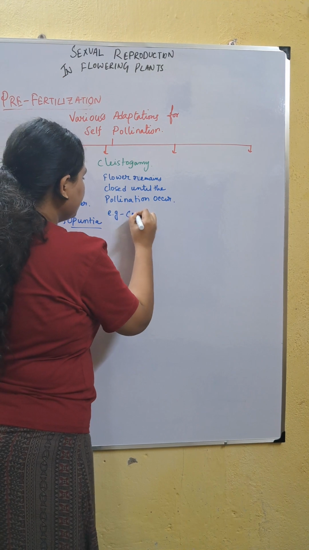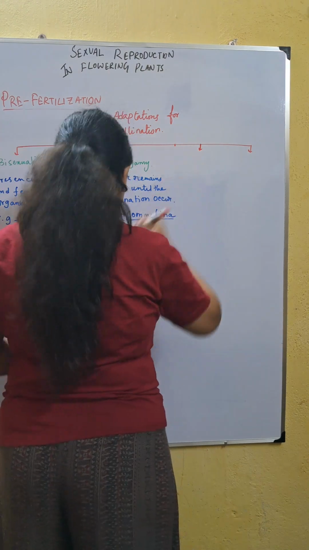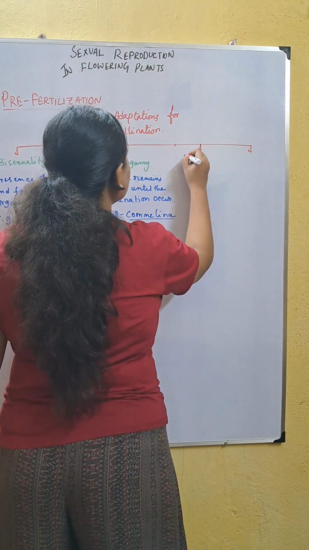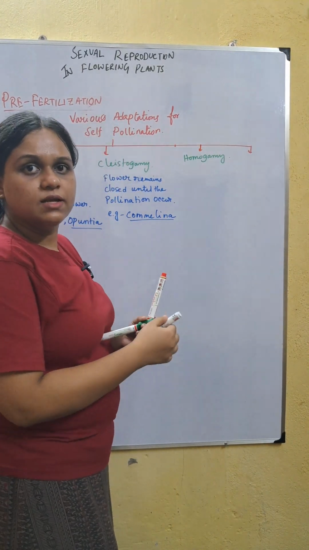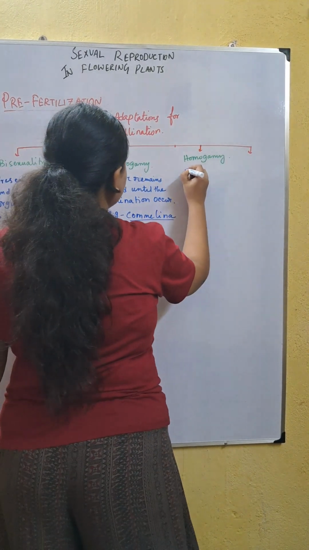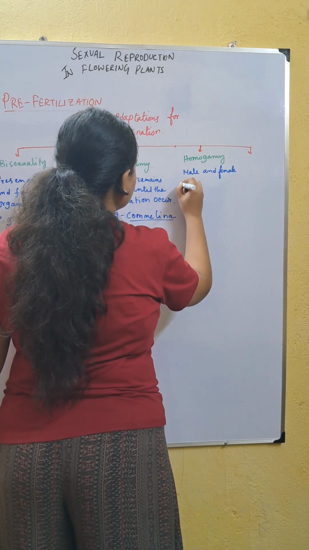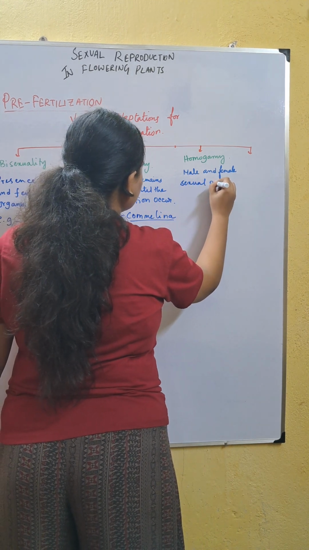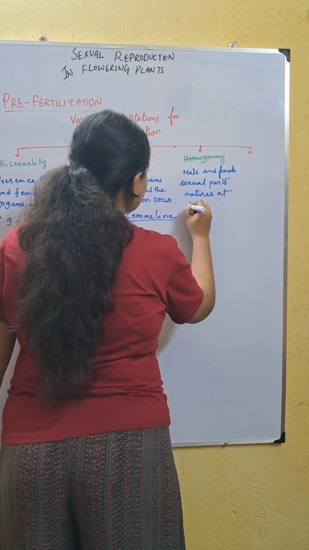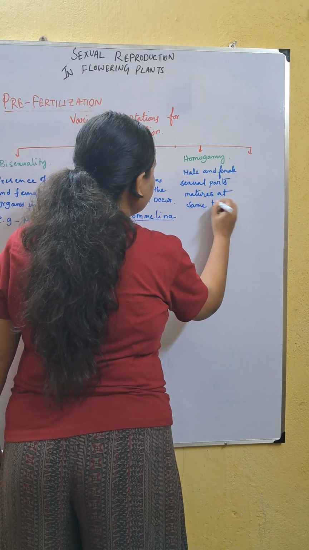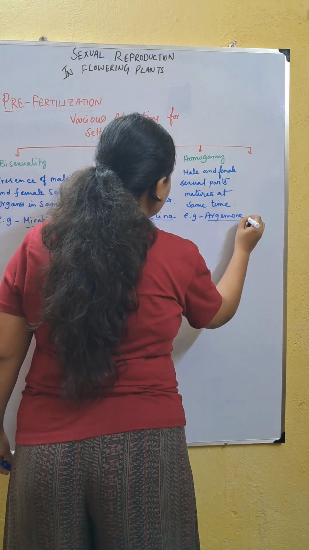Seen in Commelina. Here, the male and female sexual parts mature at the same time. For example, Argemone and Ixora.